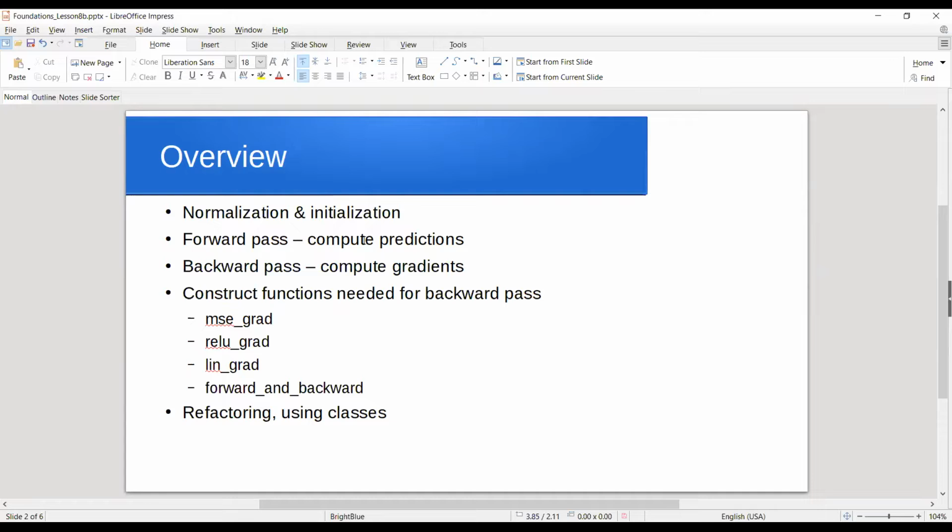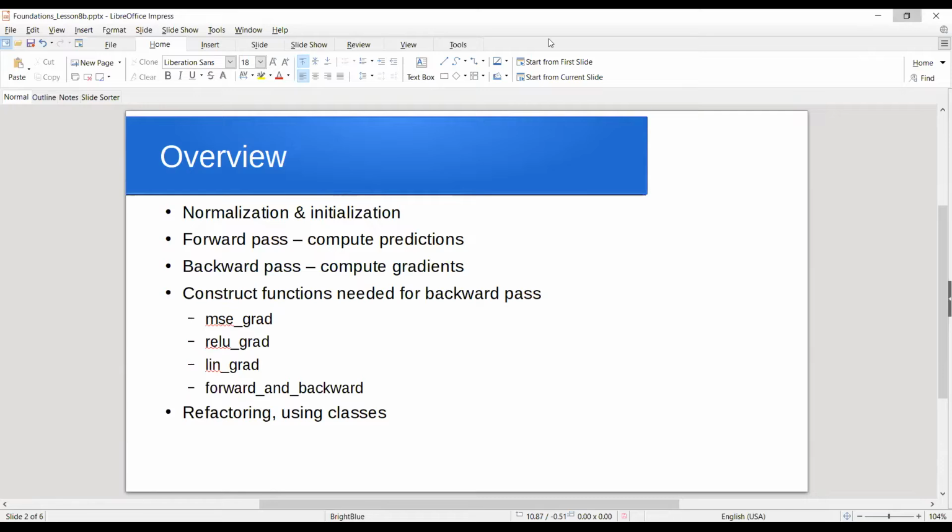This network is basically the minimum thing that qualifies as a deep network. It has one hidden layer. So the normalization and initialization is designed to keep the mean and variance of the weights to being a standard normal distribution with mean of 0 and standard deviation of 1.